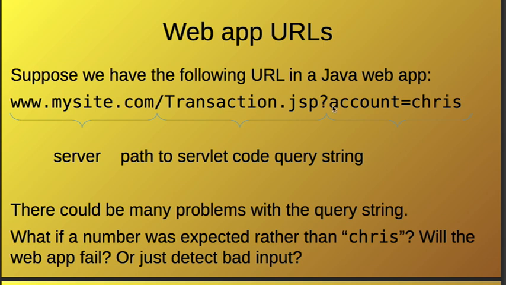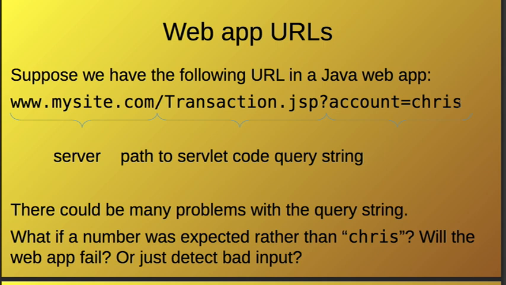And then there's some input to that server-side code. In this case, it's a query string asking for matches of accounts that have the word Chris in them, or something like that. There could be many problems with such a query string. What if we were expecting a number rather than a sequence of letters?